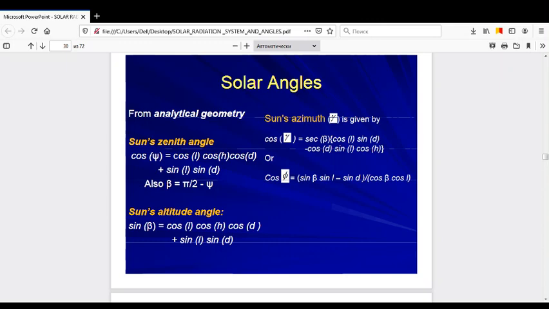Sun zenith angle: cos psi is equal to cos I cos h cos d plus sin I sin d, where also beta is equal to pi by 2 minus psi. Cos psi is equal to (sin beta sin I minus sin d) upon (cos beta cos I). Sun altitude angle: sin beta is equal to cos I cos h cos d plus sin I sin d.